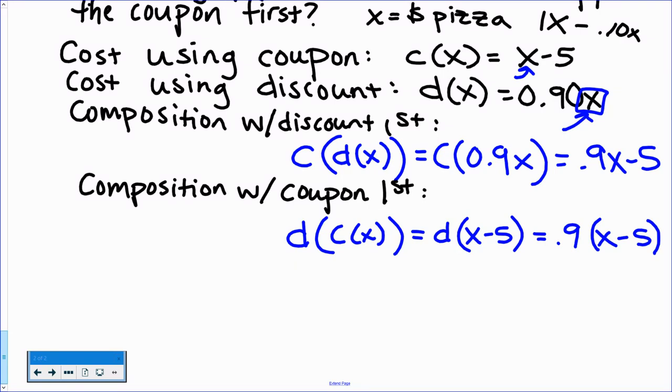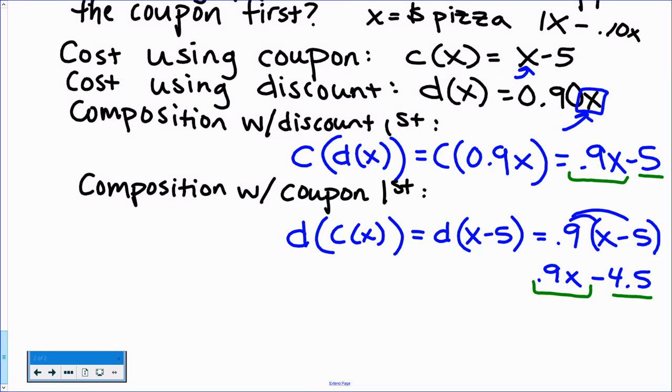Okay, so taking a look at this, if I distribute this, it might help you see a little bit better which one would be better. So 0.9x minus 4.5. Okay, so when I look at this, no matter what, when I take my 10% discount, that's going to give me the same price every time, but I'm going to take $5 off, and here I'm going to take $4.50 off.